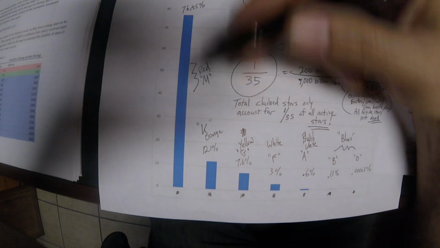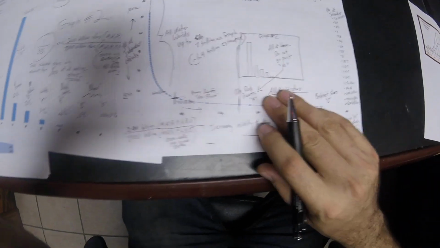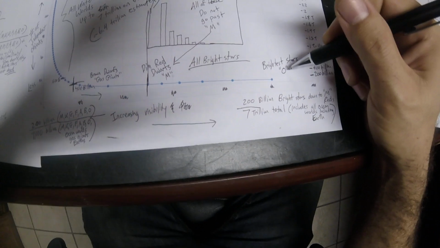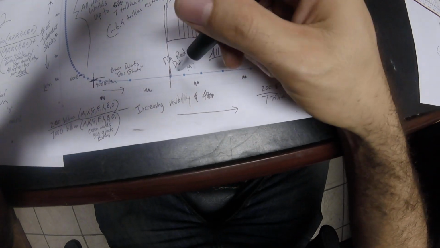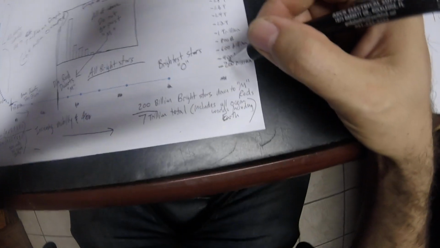But count-wise, yeah, sure, there are a lot more red ones, but that's only including the ones that shine, and that's why I did this one. You have the brightest stars over here, which is the O's, and then all the way down to the reds, and they cut off right about here. So that leaves about 200 billion stars along this graph right here.